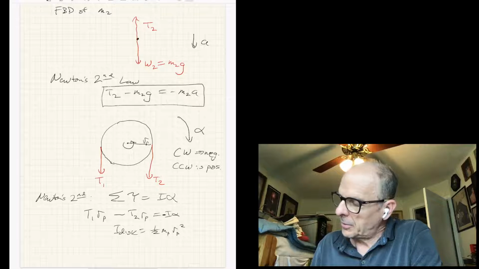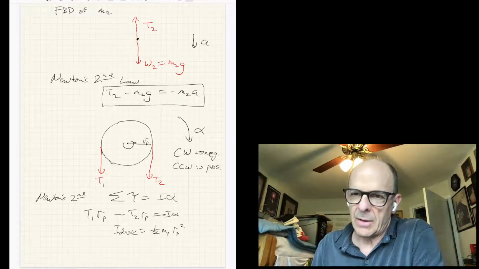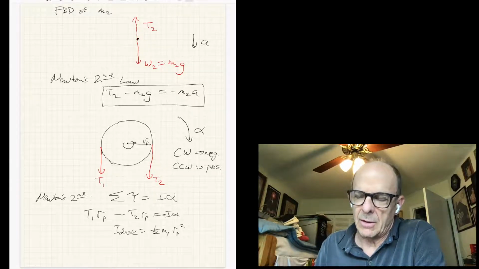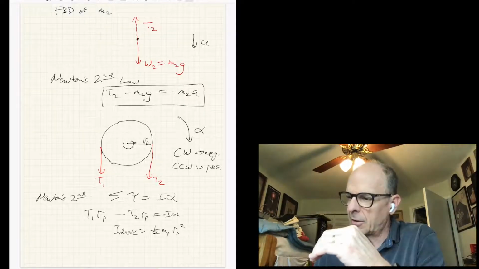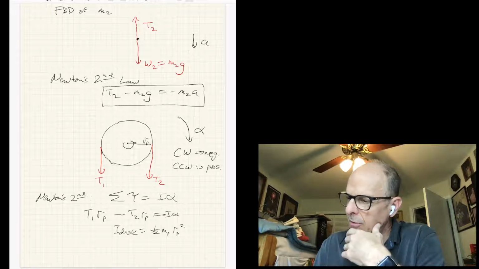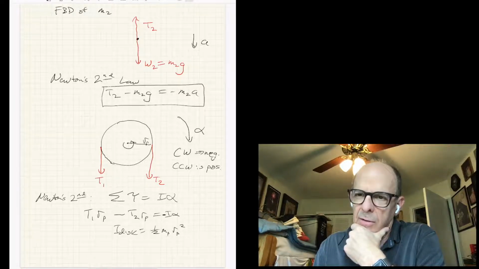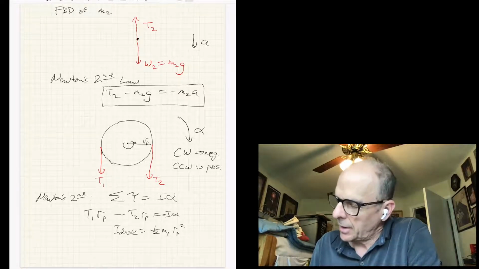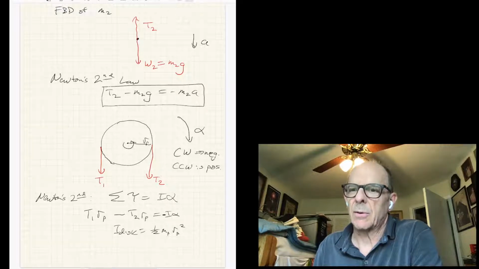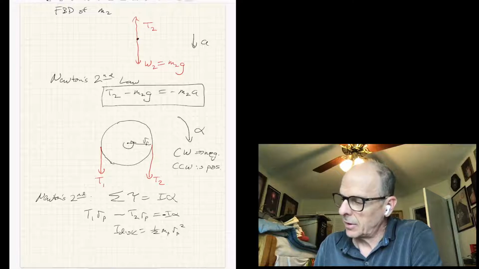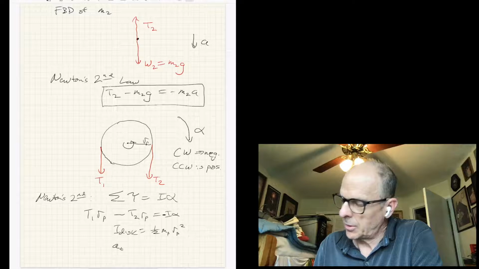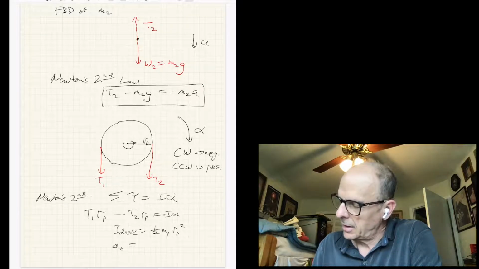So let's go ahead and substitute that in. But first, we want to change that rotational acceleration, the rotational acceleration of the disk, to the tangential acceleration, how fast in a linear direction a point on the edge of the disk is moving. And the relationship between angular acceleration and linear acceleration is simply that the linear acceleration, I'll put a little t for tangential there, is just the angular acceleration times r.